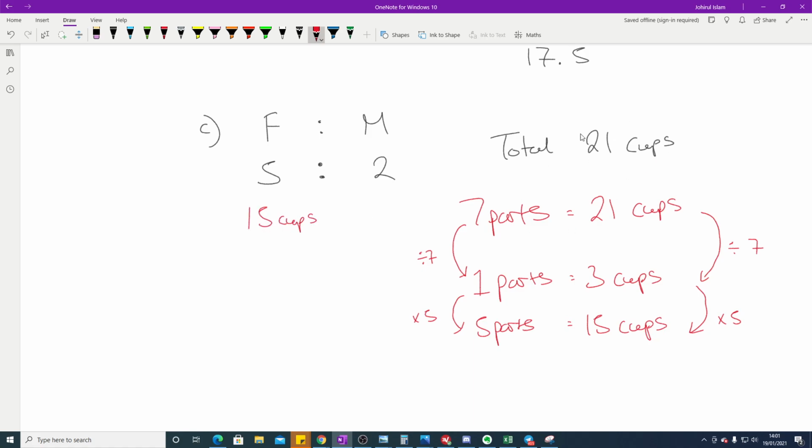So out of the 21 total cups, 15 cups will be flour, and therefore the remainder will be the number of cups of milk. So if we're using 15 cups of flour and we have 21 cups in total, the difference will be 6 cups. And that's how you get to the answer for question C.